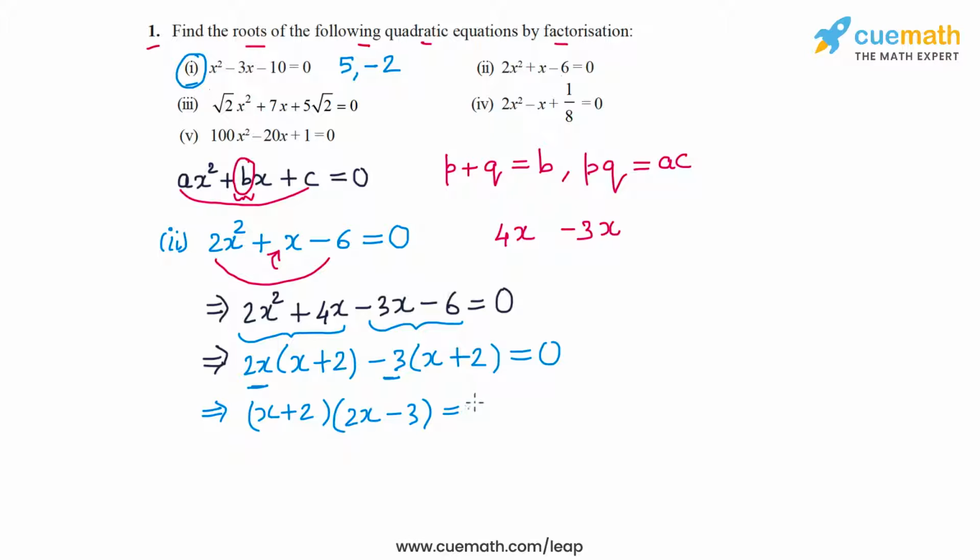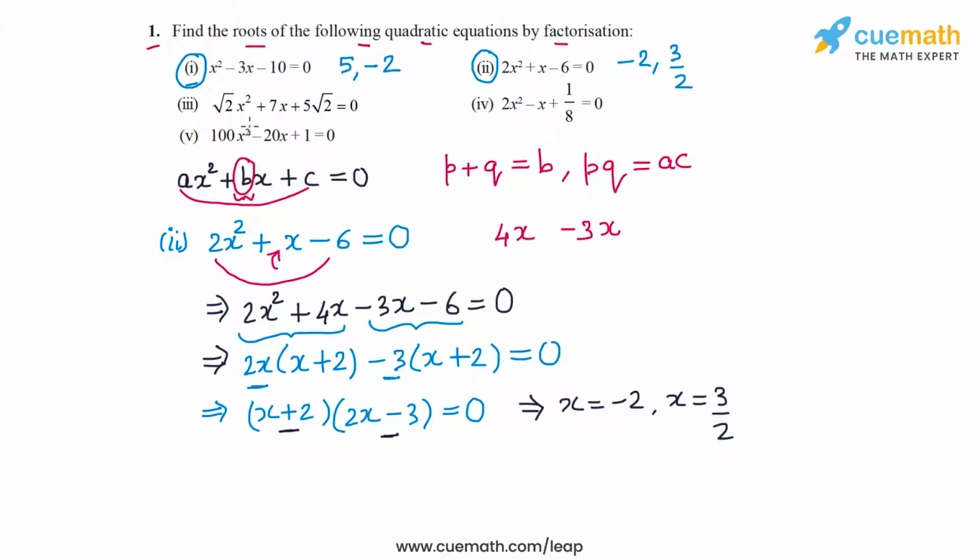This is equal to 0. So now we have factorized the quadratic into two linear factors, and the roots are quite easy to write. The roots are the 0 of x plus 2, so x is equal to minus 2, and the 0 of 2x minus 3, so x is equal to 3 by 2. So the two roots of this second quadratic equation are minus 2 and 3 by 2. That solves part 2.